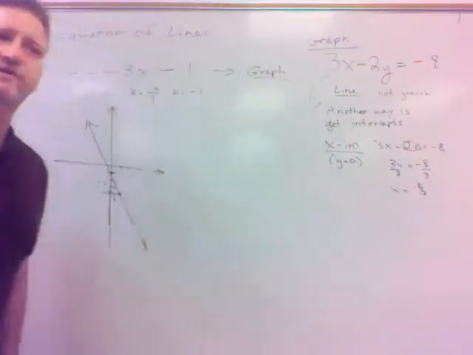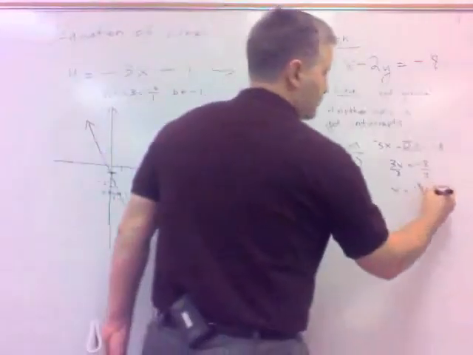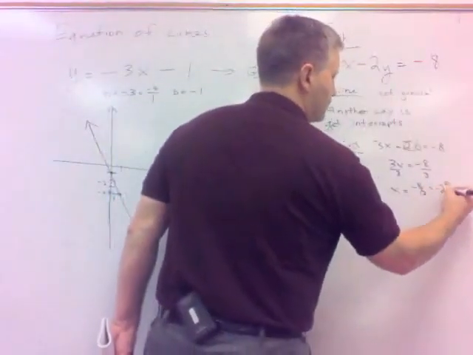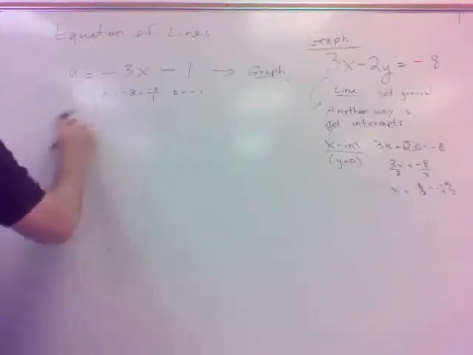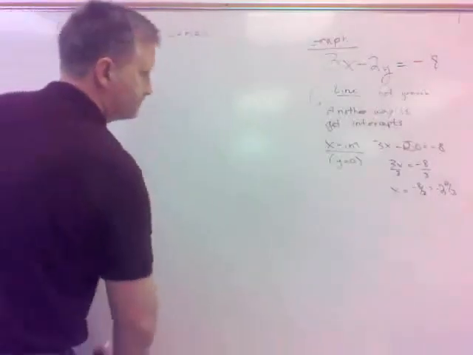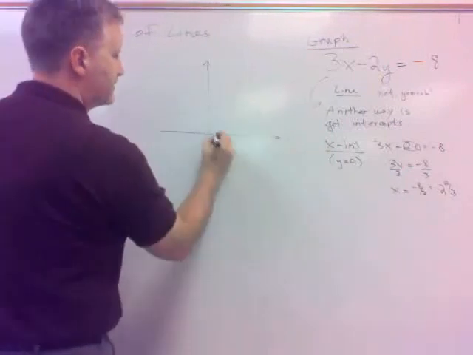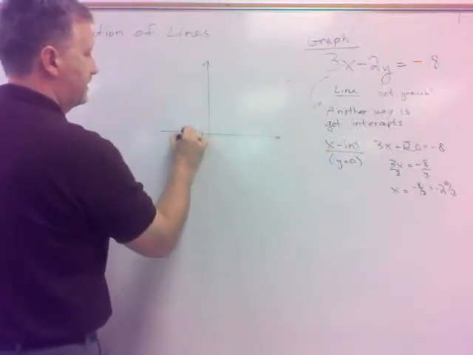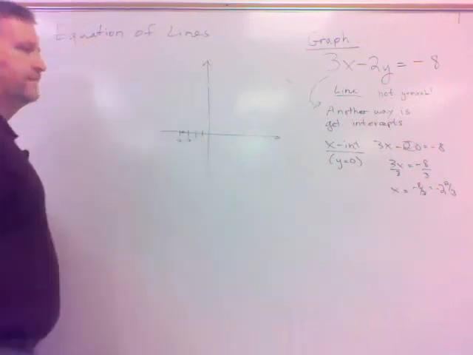The x-intercept is negative 8/3, which is negative 2 2/3. So it's going to cross the x-axis at negative 2 2/3, which is right about there.